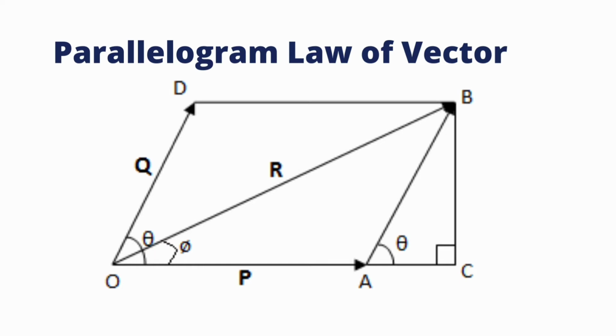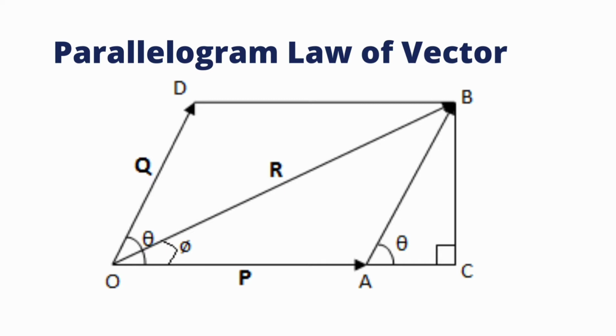Also, line OD is transferred to the end of line OA, which also gives line AB. And this now forms what? A parallelogram. Now, the diagonal of this parallelogram is OB, which is the resultant of the parallelogram.